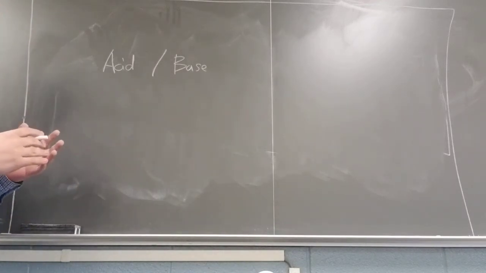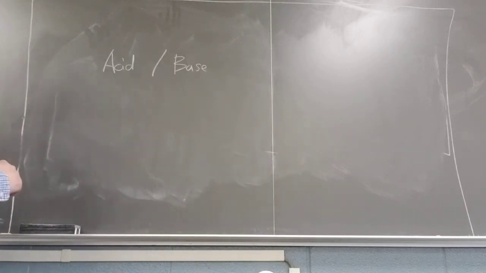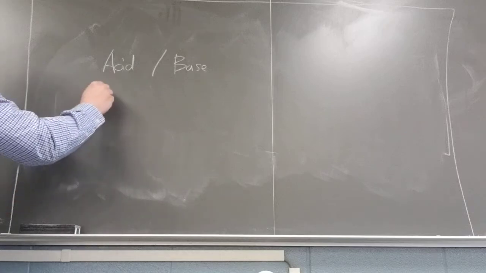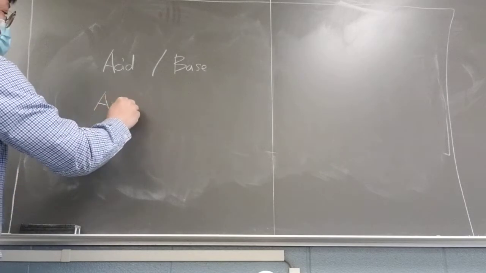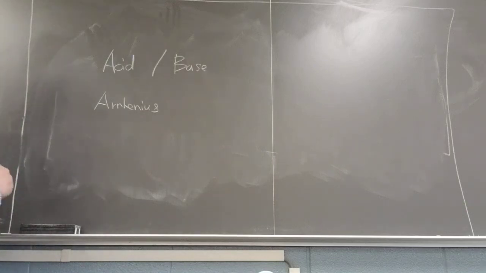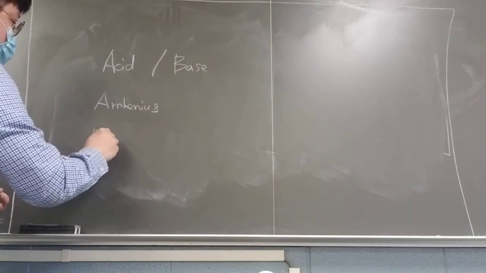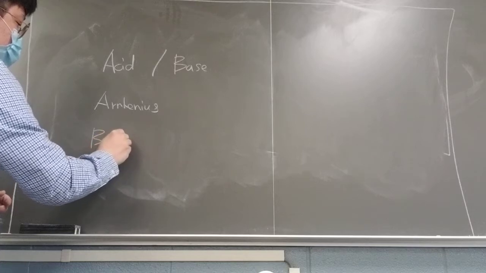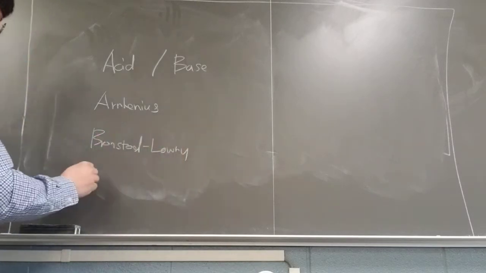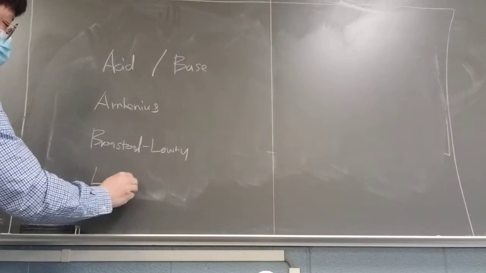I want to start with defining those terms, but we have 3 different ways to do it. The first one is the Arrhenius definition. Okay. The second one is Bronsted-Lowry. The third one is the Lewis definition.